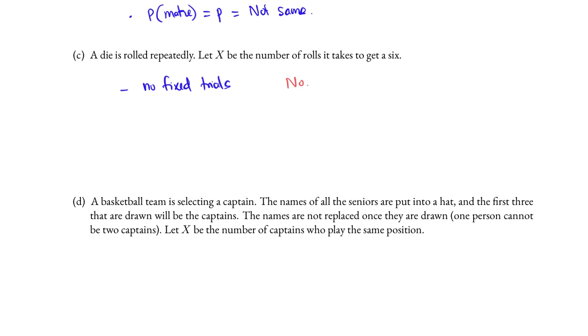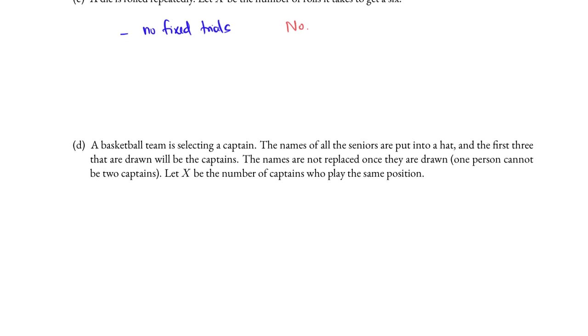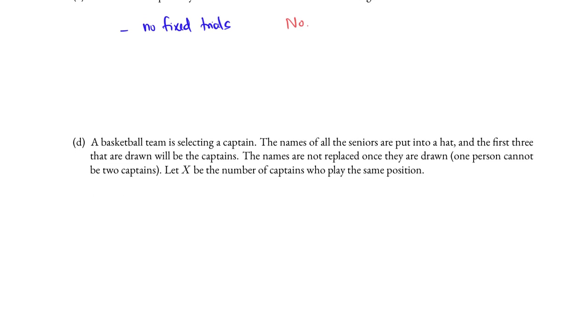D. A basketball team is selecting captains. The names of all of the seniors are put into a hat, and the first three drawn will be captains. The names are not replaced once they are drawn. One person cannot be two captains. Let X be the number of captains who play the same position. This experiment is done without replacement.